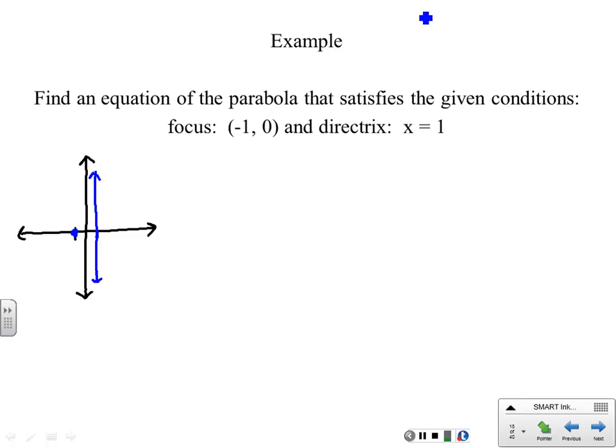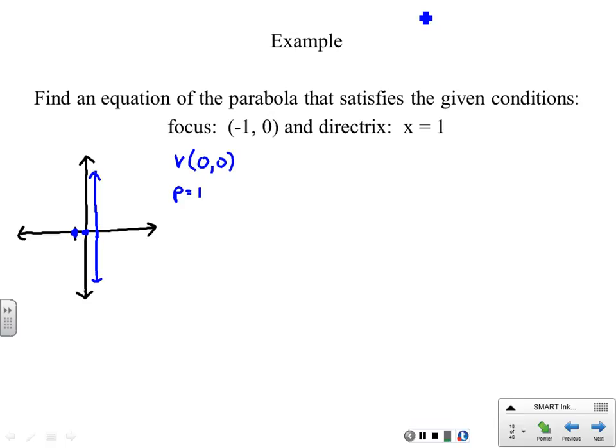It's going to the left, and my vertex is where? Remember I told you at the very beginning of parabolas, your vertex is halfway between your directrix and your focus. If there's 2 units from my focus to my directrix, half it, and you're at the vertex. So my vertex is 0, 0. Okay, let me ask you this. What is P? P is 1.